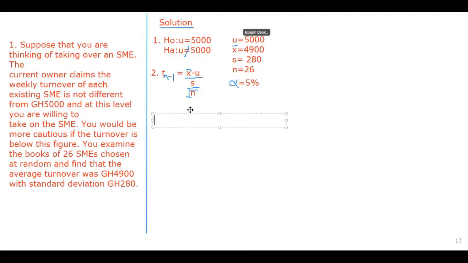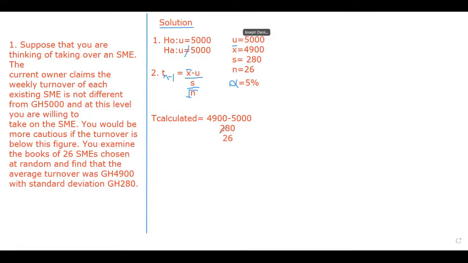Yeah. Okay, so we have our something here. So we are going to solve for T calculated, right? T calculated is equal to X bar is what? Sample mean 4,900 minus the population mean 5,000 all over S, that is 280, all over what? Square root of N, 26. So please punch it on calculator and give me the answer.